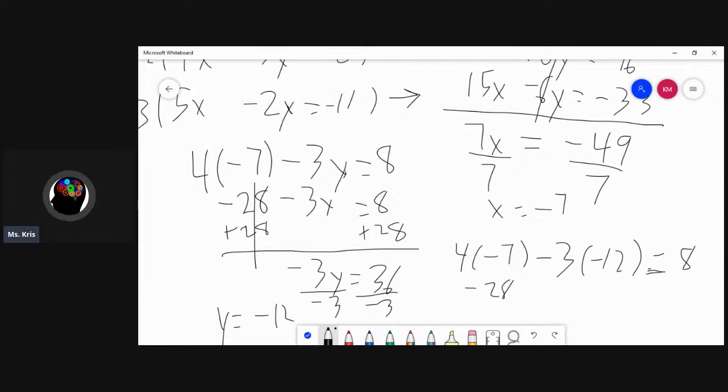Negative 3 times a negative 12 is a plus 36, and that equals 8. So 36 minus 28 gives me 8. Therefore, my answer checks out.